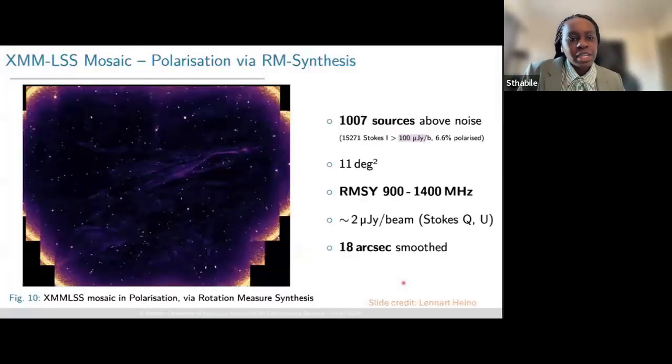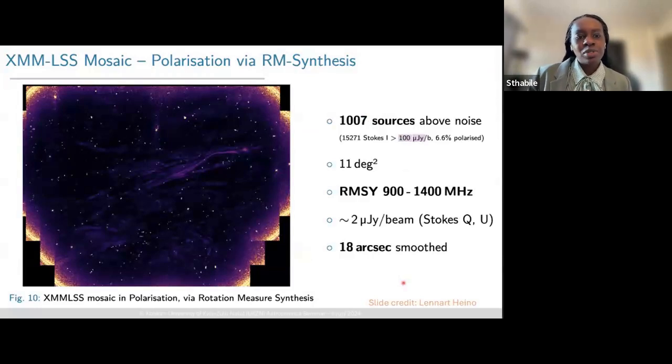All right, and then finally, to begin with the polarimetric studies with MIGHTEE, Leonard Heino, for his PhD, is looking at the XMM-LSS field and has identified roughly 15,000 sources above the 100 microJy per beam noise level.